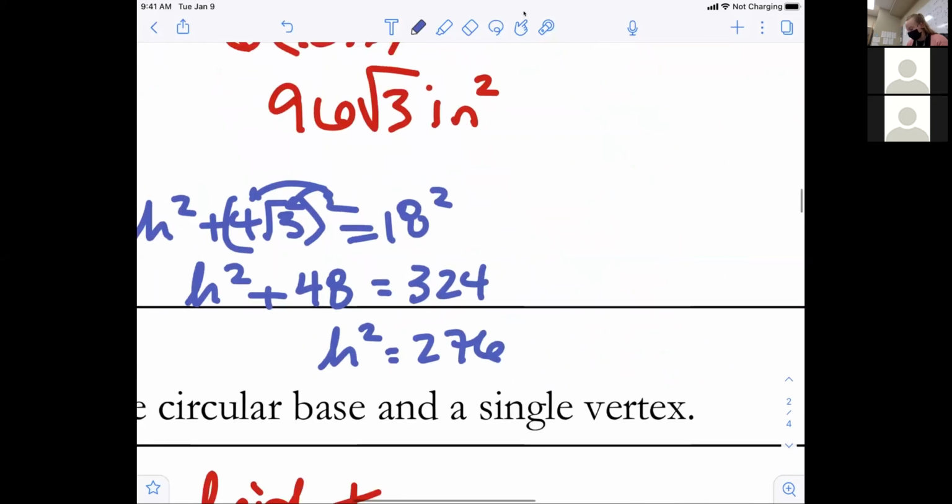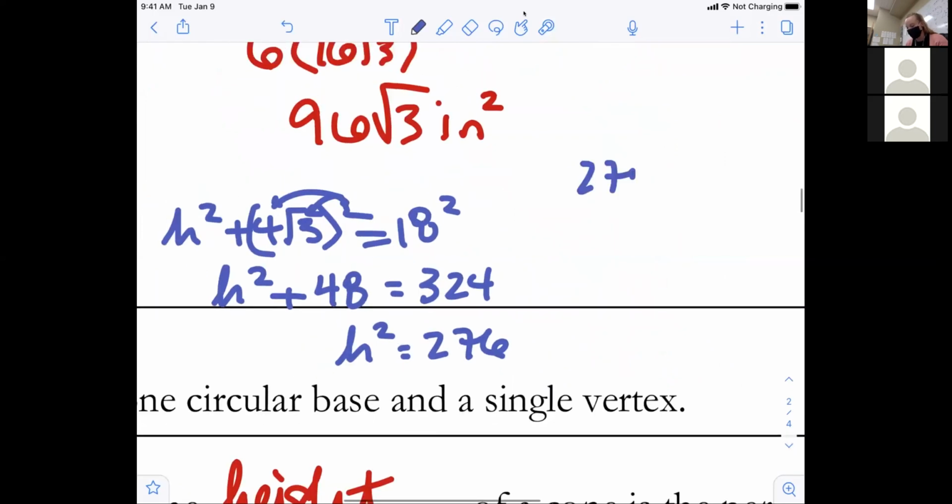Last class I let us just put it in the calculator, but let's see if we can do the actual factor tree. See if it divides by anything fun. Divide by 2, I get 138. Divide by 2 again, I get 69. I can't divide that by 2, but I can divide by 3. I get 23.